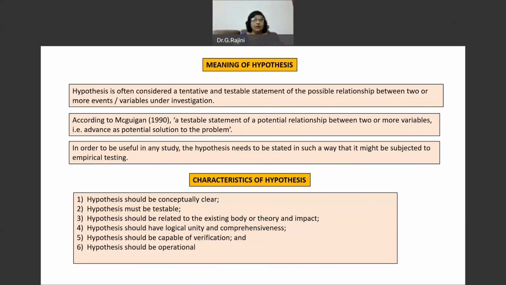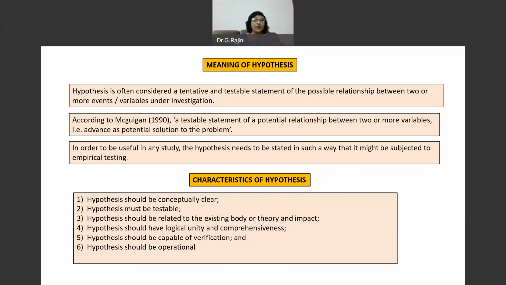We have another definition: a testable statement of a potential relationship between two or more variables. And we see that as a potential solution to the problem which we are trying to address by research. This is why we say it is scientific in nature.